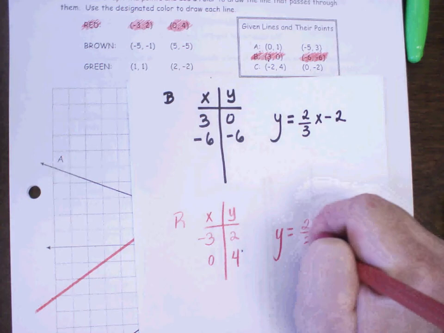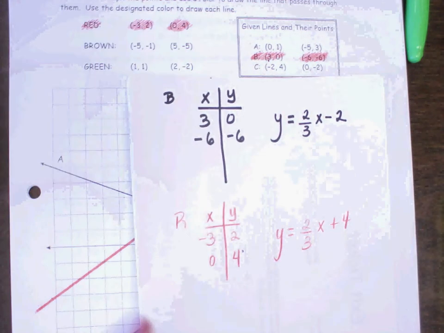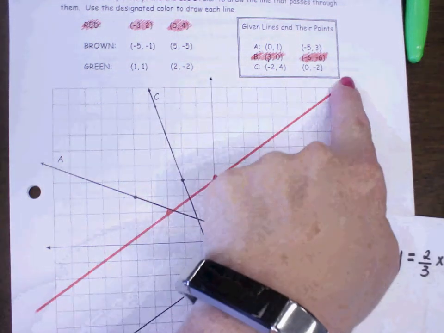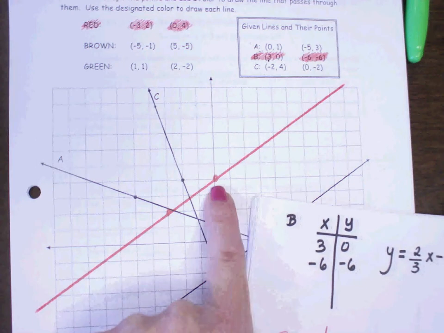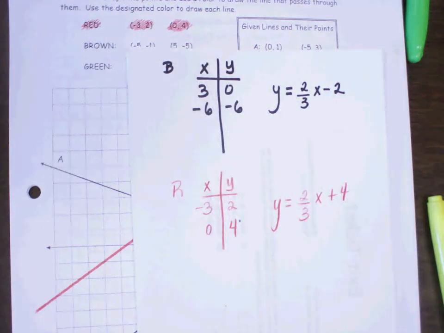So 2/3 x plus 4. Let's just make sure that this makes sense. The slope is positive. Does that line have a positive slope? And is the y-intercept 4? Yes. Okay, now take a look at the lines and tell me what you notice about those two lines.